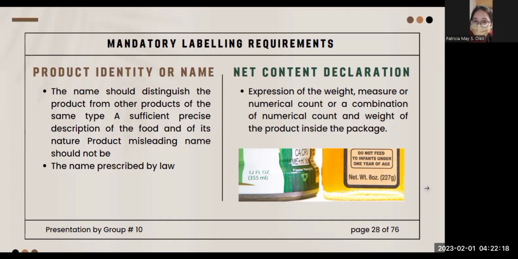So, bakit mahalagang makita yung mga to? Para malaman ng mga consumers kung tama ba or nasosobrahan na sila sa mga nai-intake nila. Lalong-lalo na sa mga gamot. For example, sa medicines, may mga exact amount na dapat silang i-take. So kung walang indicated sa label, it can harm the consumers.